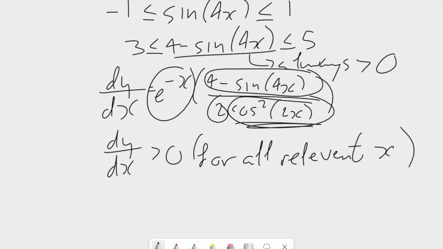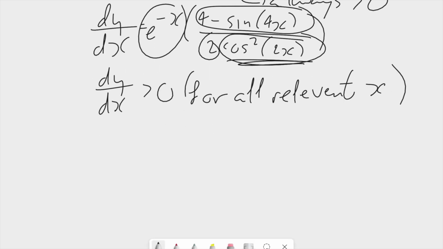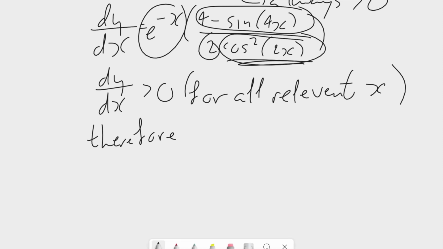Just because it's not for all x, it's just for all x's that are relevant to this question. So since dy by dx is greater than 0, that means, therefore, y is increasing.